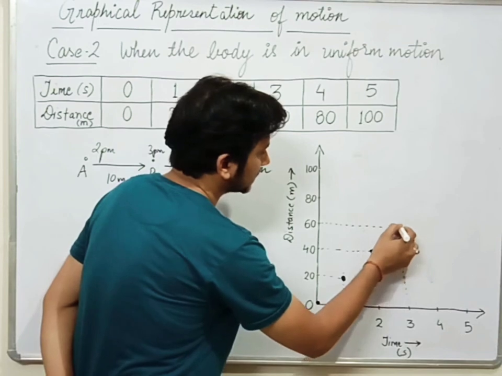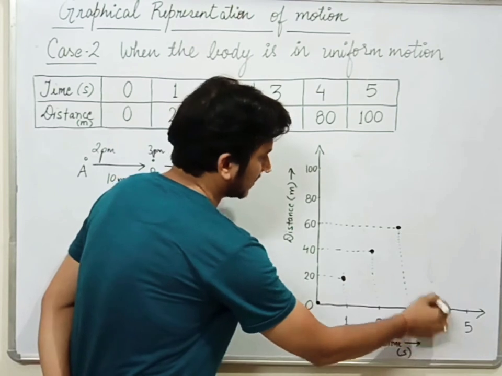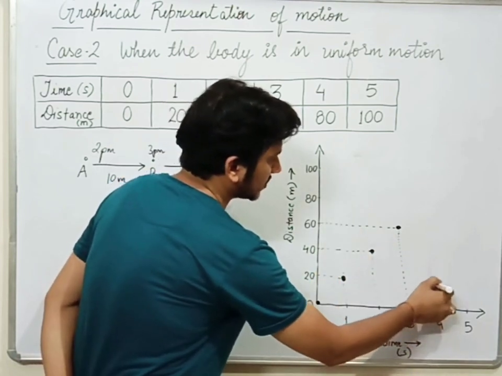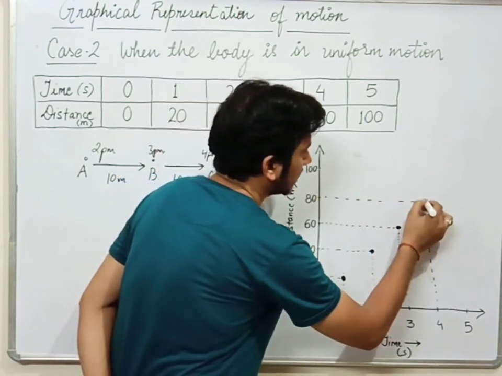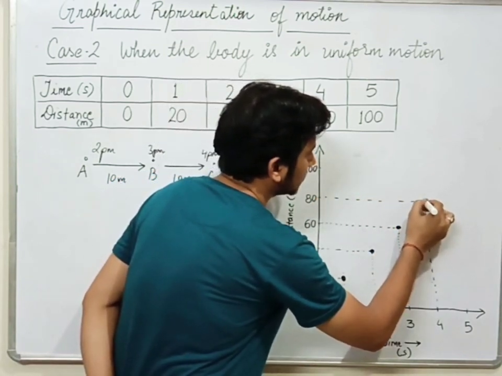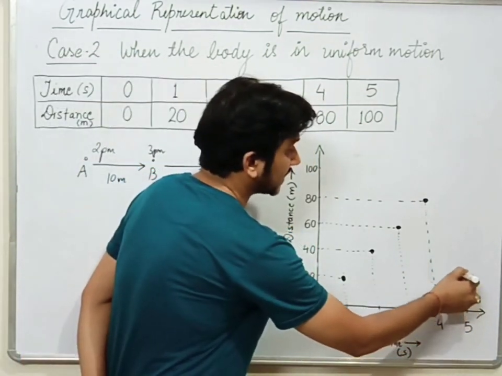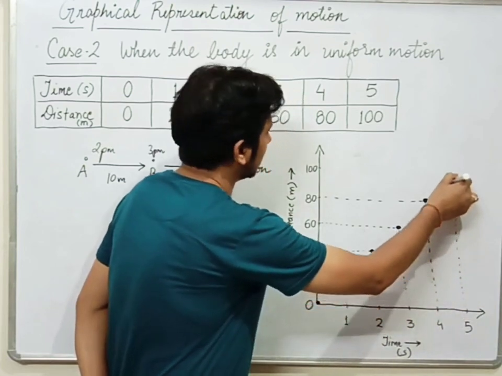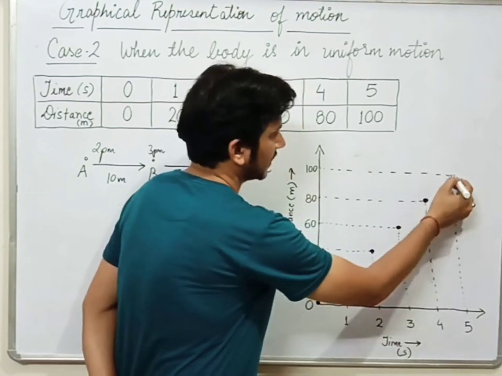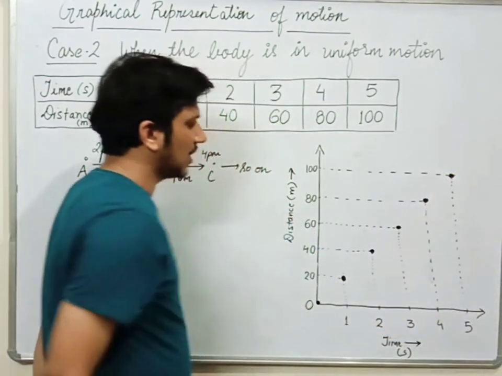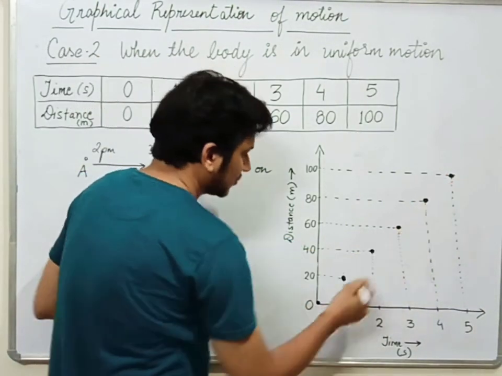It covers 60 meters in 3 seconds. In 4 seconds it covers 80 meters, so we draw like this, and where they meet or cross we draw a point. In 5 seconds it covers 100 meters.